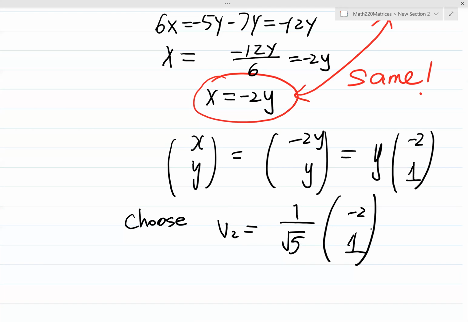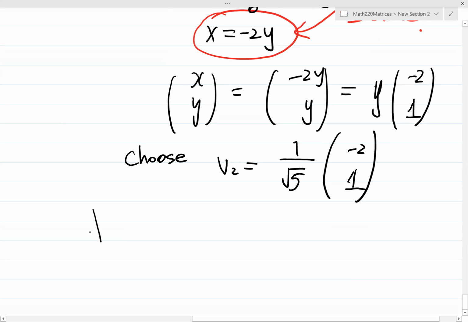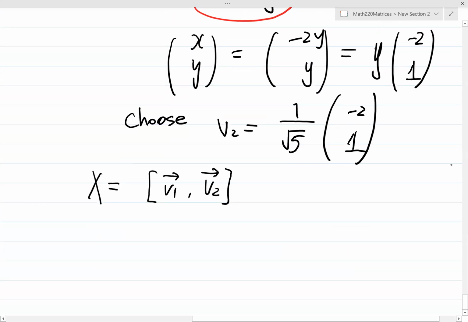Now what is this matrix X? Remember, matrix X we write with the unit eigenvectors as column vectors. So X will be v1, which is 1 over root 5, 2 over root 5, then v2, which is negative 2 over root 5, 1 over root 5.